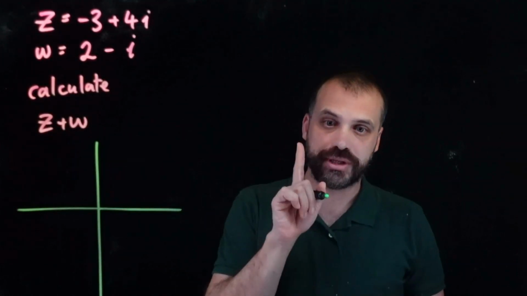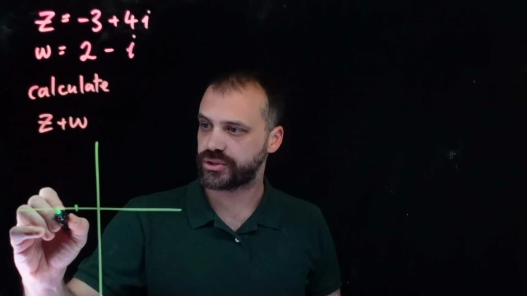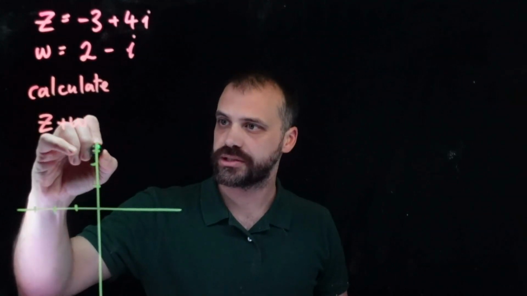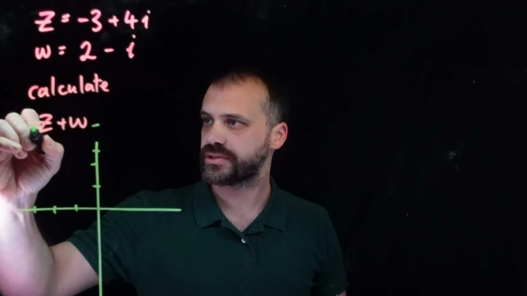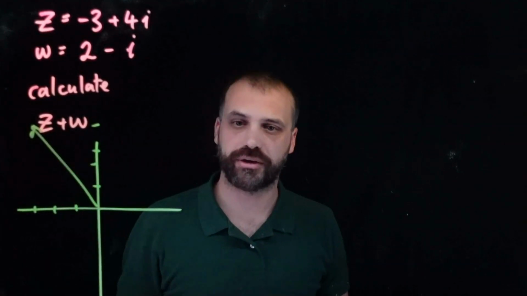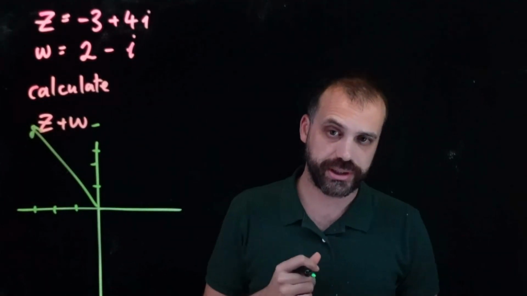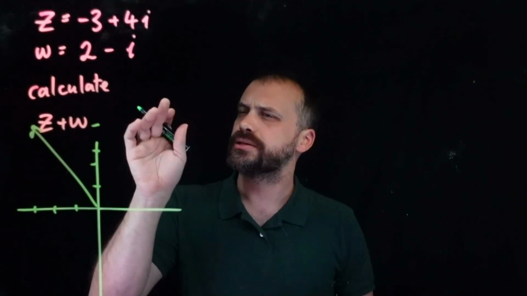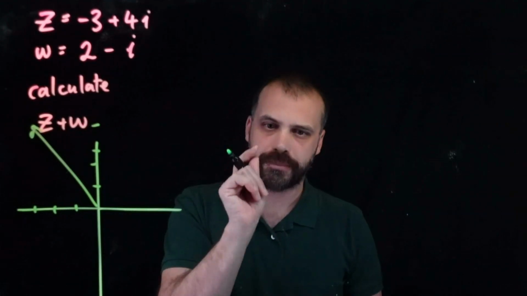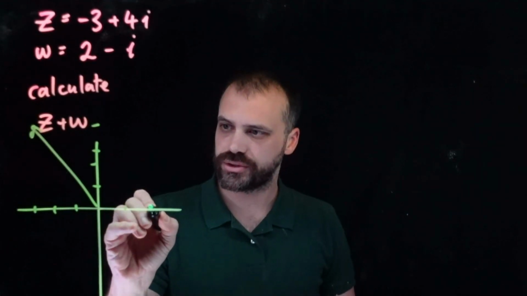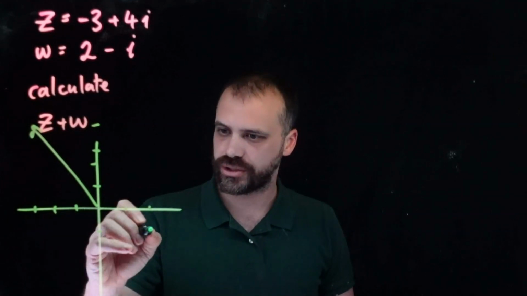z is equal to negative 3 plus 4i. 1, 2, 3, negative 3 plus 4i. Somewhere over there. I regret how I've drawn this, but it is what it is. Okay, w is equal to 2 minus i. 1, 2, minus i.